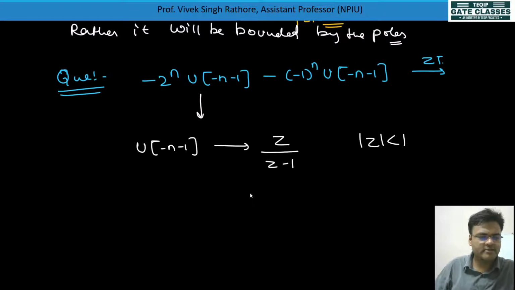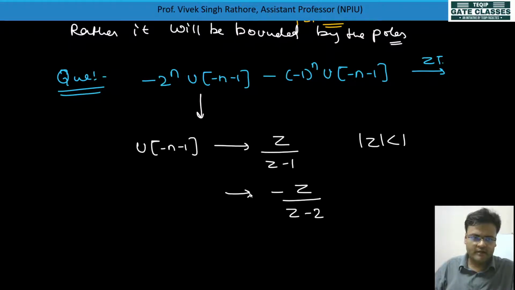So for (-2)^n u[-n-1], it will be minus z by z minus 2, and the ROC will be |z| less than 2. Okay, this is the z transform of (-2)^n u[-n-1].